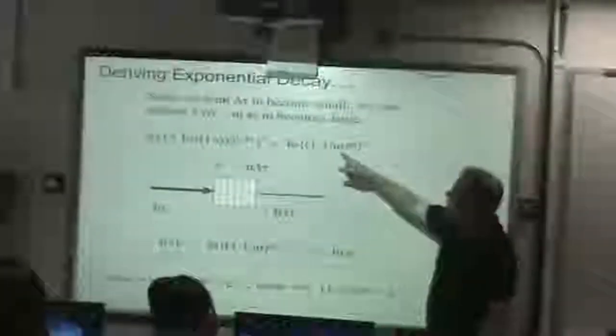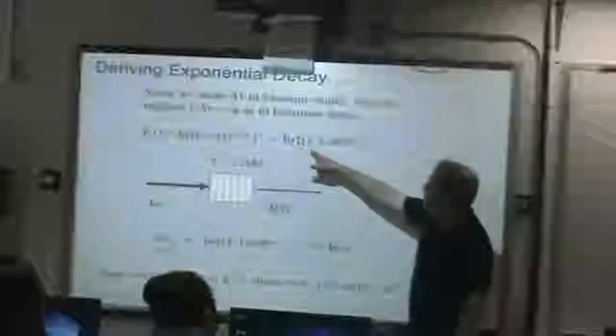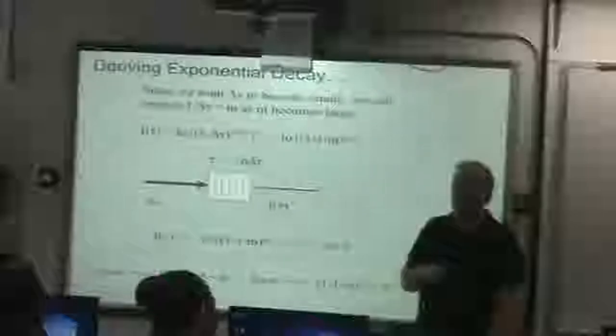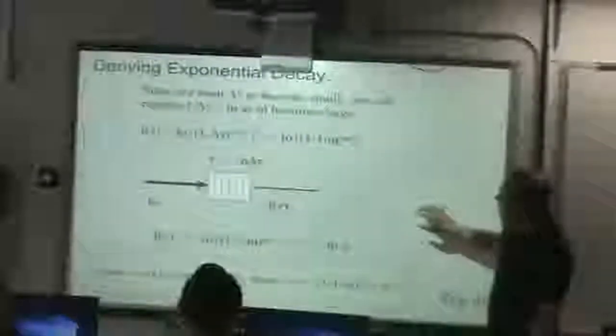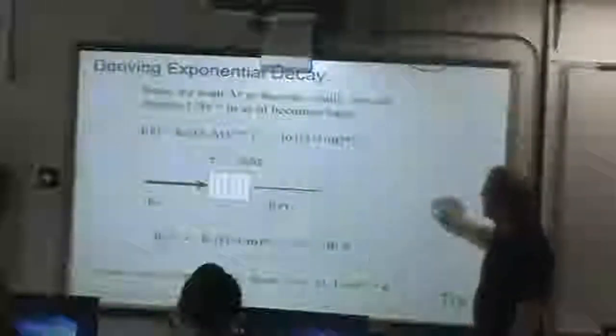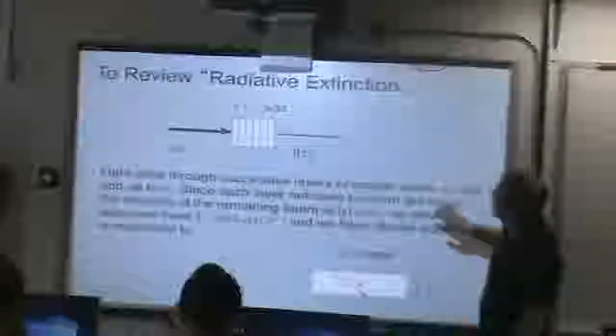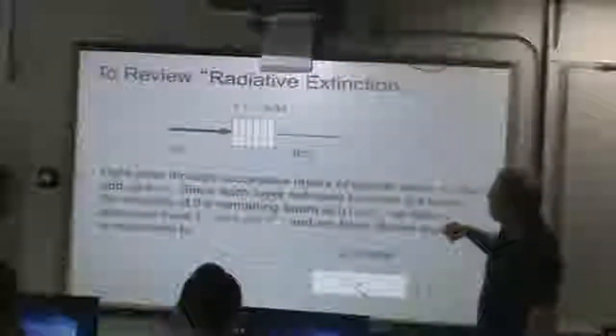If this is e to the minus 1, it's going to become I0 e to the minus tau. So now that we've derived this, that's e to the minus tau. Great.